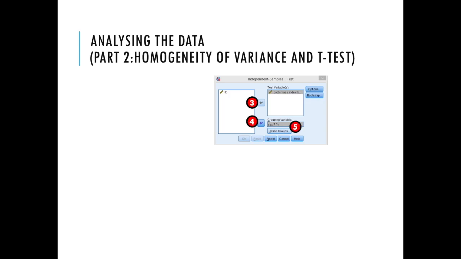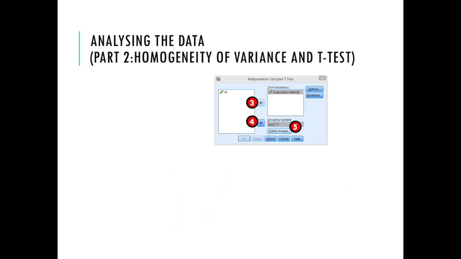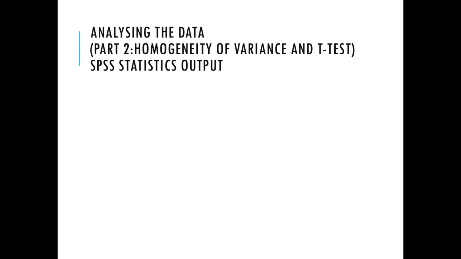Then click Define Groups, and put 1 in group 1 and 2 in group 2. In Define Groups, enter the values used to represent each level of the independent variable. Here, 1 equals male and 2 equals female. Then click Continue and click OK.